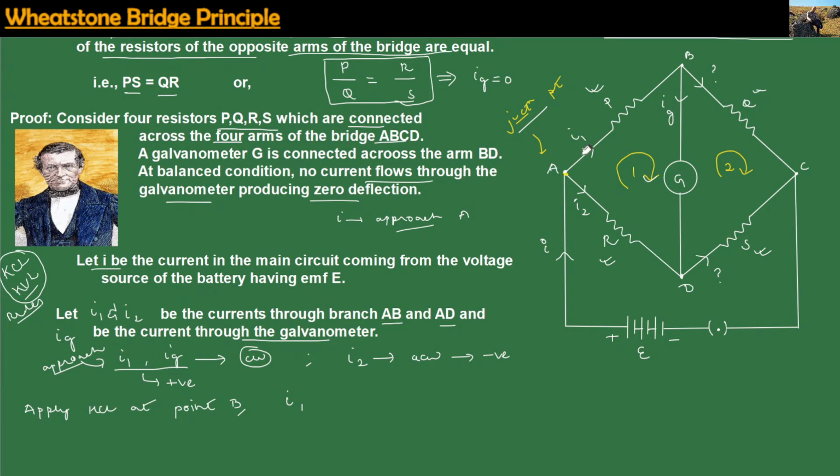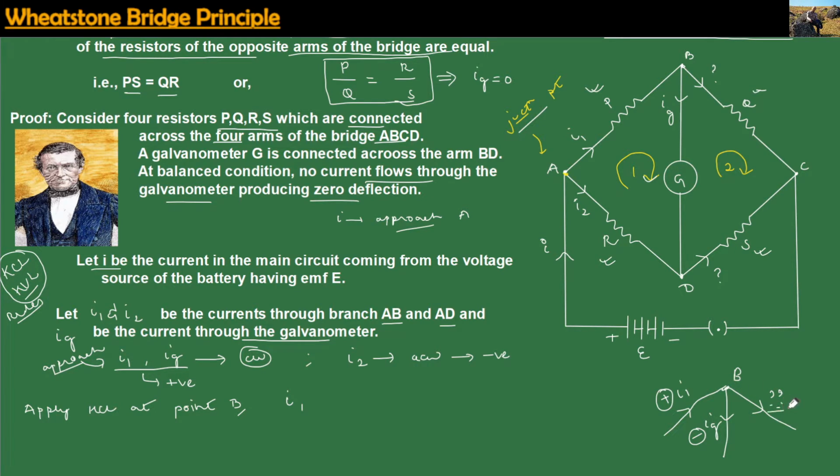This is our point B. I1 is approaching point B, whereas IG is moving away from it. So the current entering point B will be taken as positive, and the current moving away from point B will be taken as negative, according to Kirchhoff's current law.